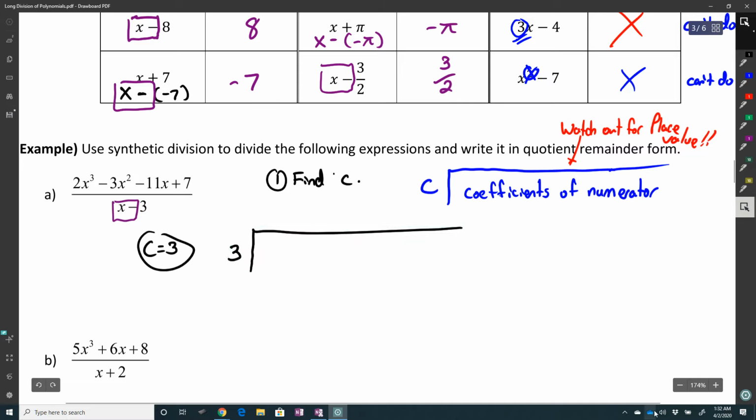The coefficients of the numerator are just going to be 2, negative 3, negative 11, and 7. Notice that there's no x's, just the coefficients. I put a bar underneath.